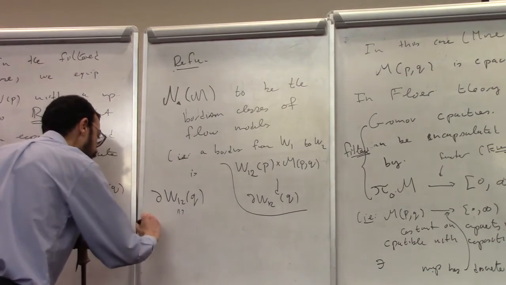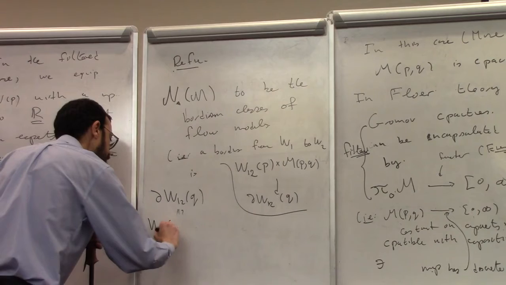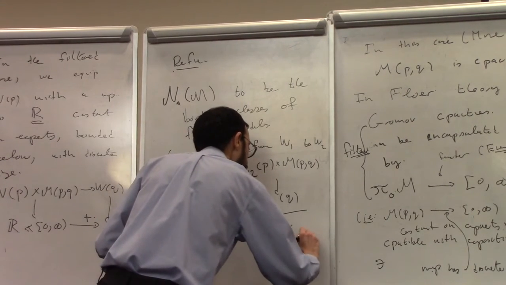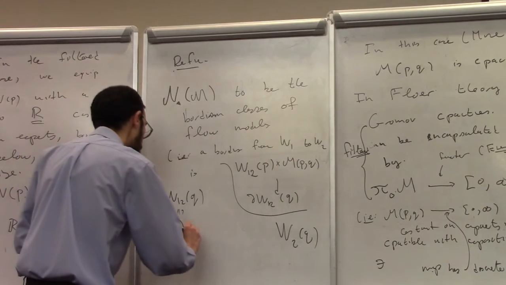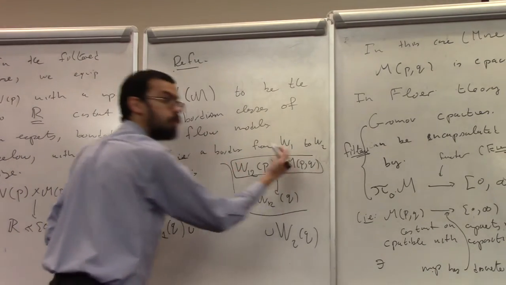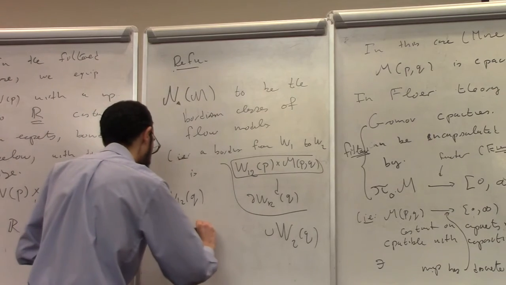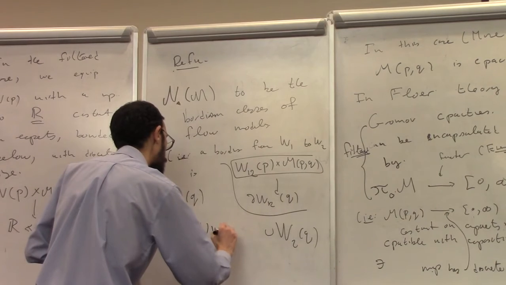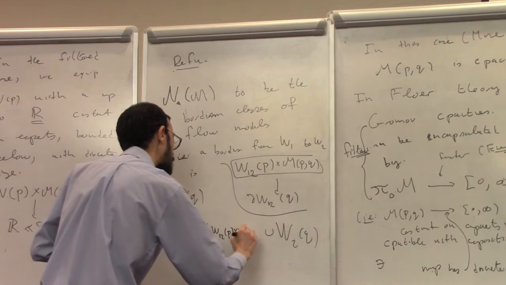So when I evaluate it at any object, I get these two pieces. And then I also have the pieces that came from the composition, from the other critical points. This is a union over P of W12 of P across the morphism spaces.